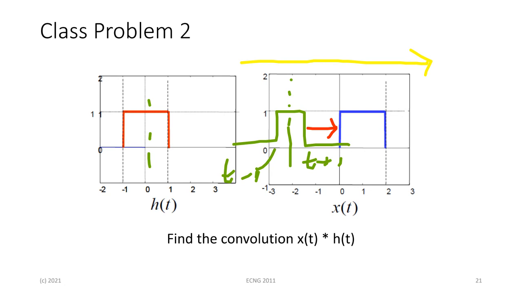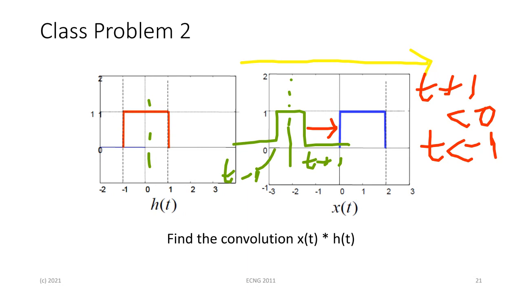So for t plus 1 less than 0, you have no overlap. Agreed? So for t less than minus 1, there's no overlap, and you have to put that down.